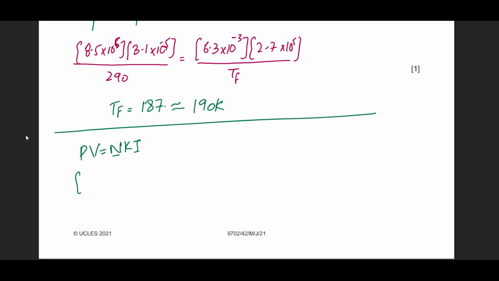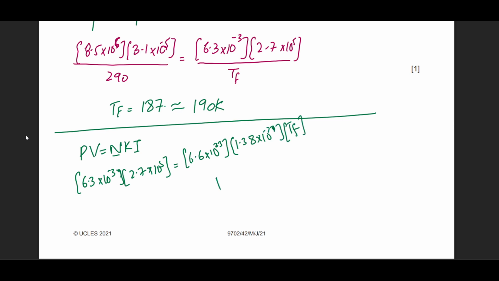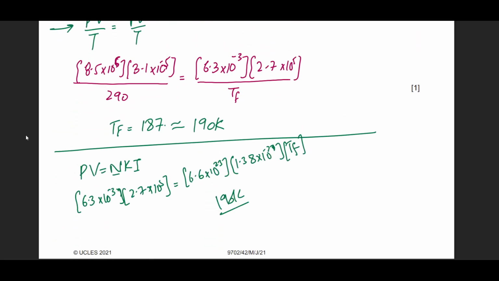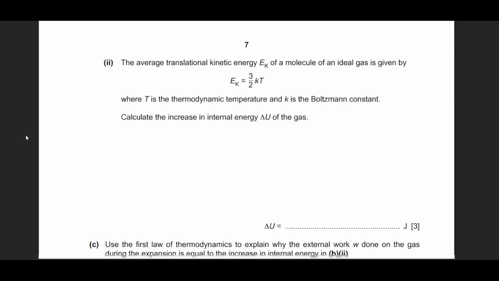So it would have been 6.3 into 10 raised to the power minus 3, the volume, the pressure was 2.7 into 10 raised to the power 5, equals the number of atoms, 6.6 into 10 raised to the power 23, and Boltzmann constant is 1.38 into 10 raised to the power minus 23. And find the final temperature. This would also have given you the answer of 190 Kelvin. So either use the mathematics or use the state equation. That's up to your choosing.